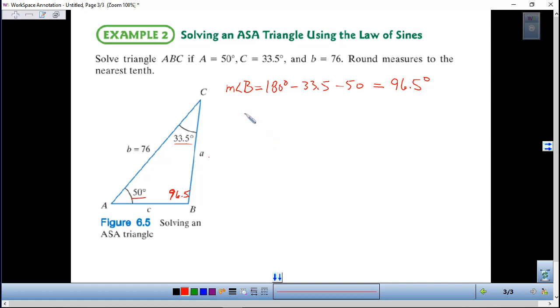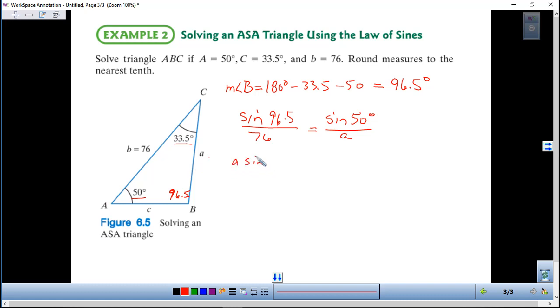So I know that the sine of 96.5 over 76 is equal to, which one do you want to solve first? It doesn't matter. I'm going to go ahead and solve side A, and it's equal to sine of 50 degrees over A. So of course then I'm going to cross multiply.